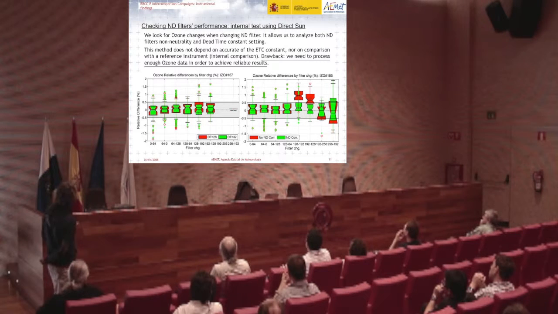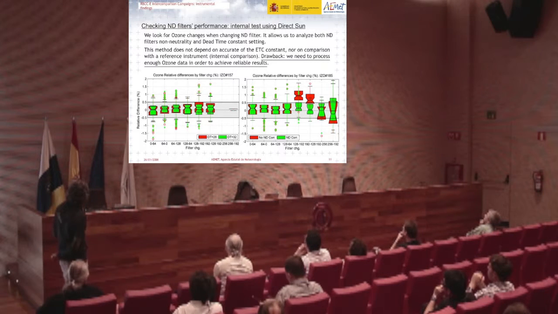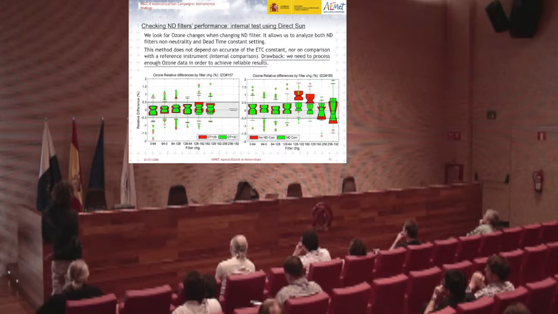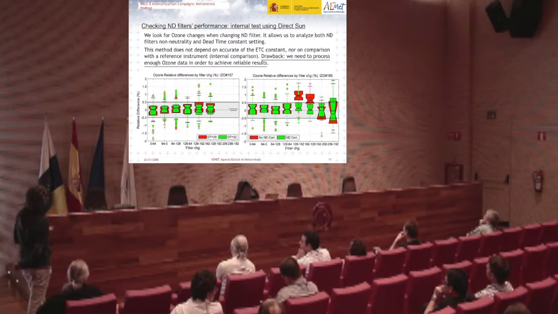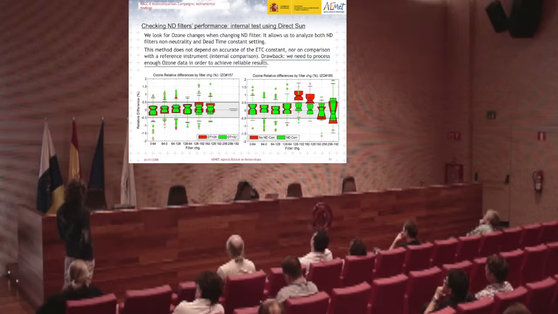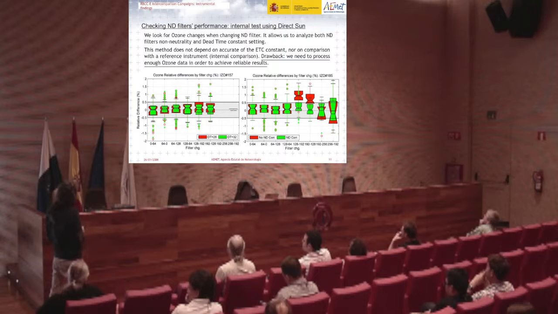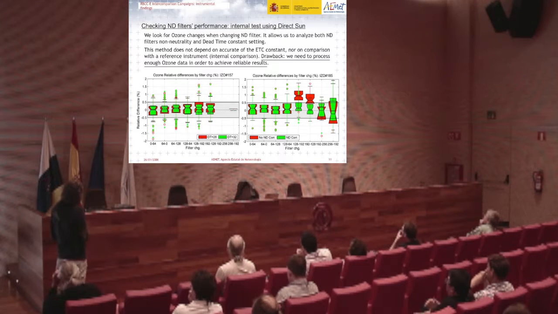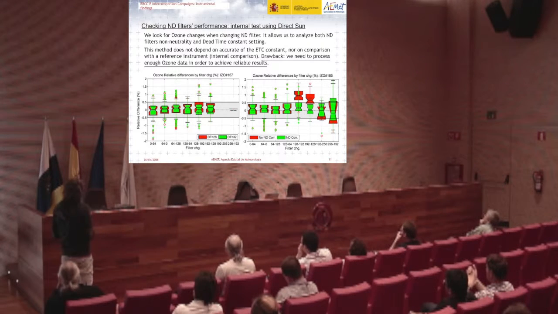In this way, we can analyze both the neutral filter's performance and the dead time constant setting. This method does not depend on accurate ETC constants, nor on comparison with a reference instrument, because it is performed internally, just with the instrument's data. But you need to process enough ozone data in order to achieve reliable results.